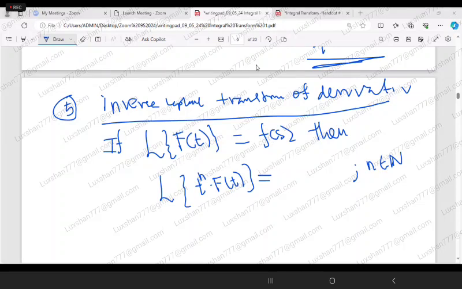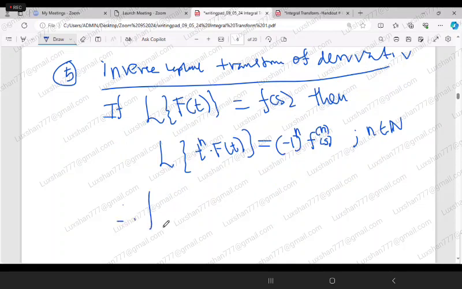Yes, good. So that is minus 1 to the power n into F^(n)(s). That means the nth derivative of this function into minus 1 to the power n.